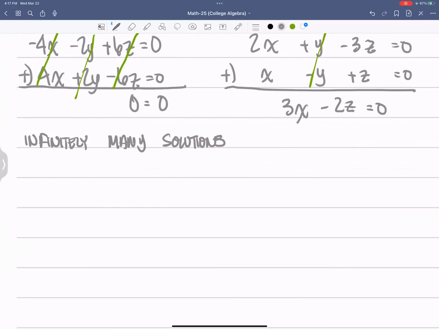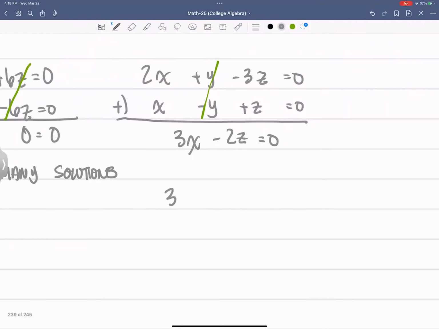Let's make everything in terms of x. So here we can solve for z in this equation.